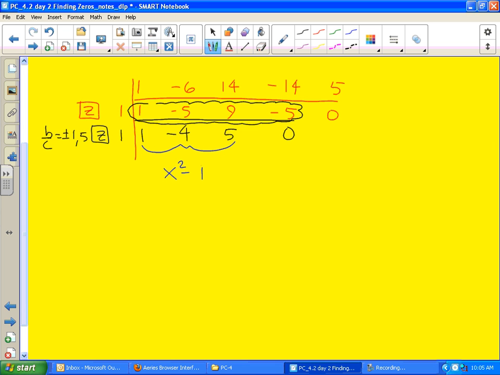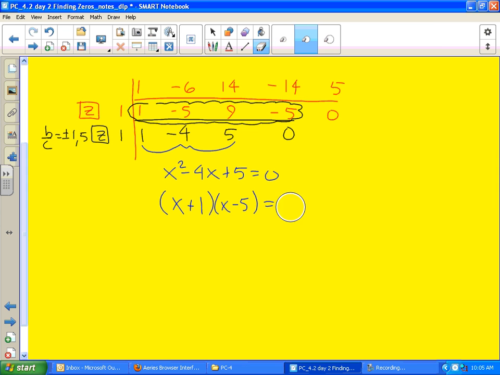x squared minus 4x plus 5 equals 0. And we get x plus 1, x minus 5 equals 0. Oh, you're right. I was not paying attention, obviously. All right.